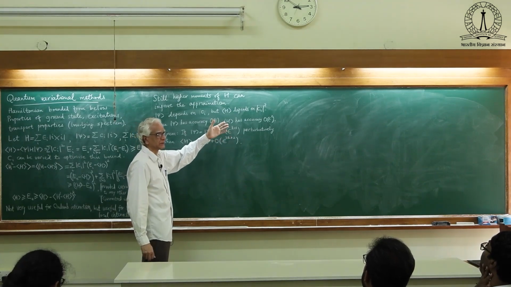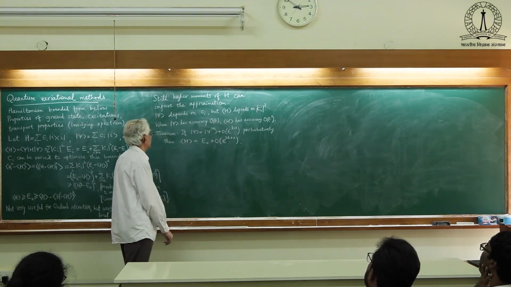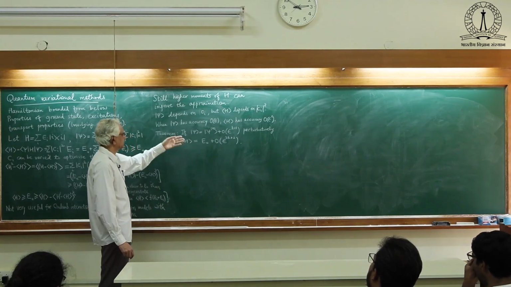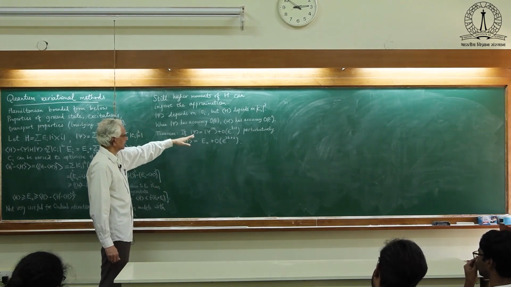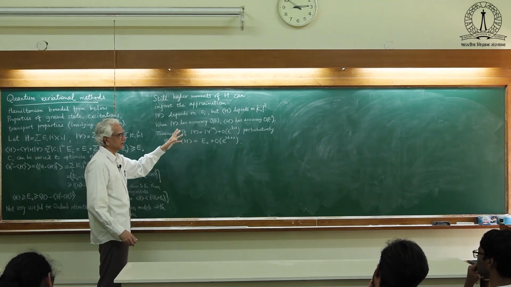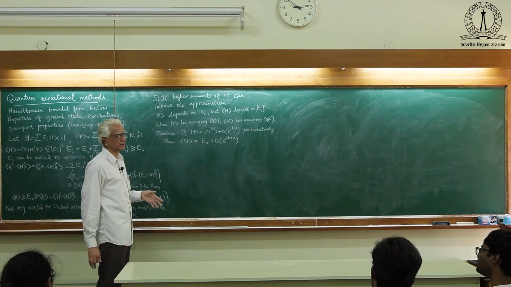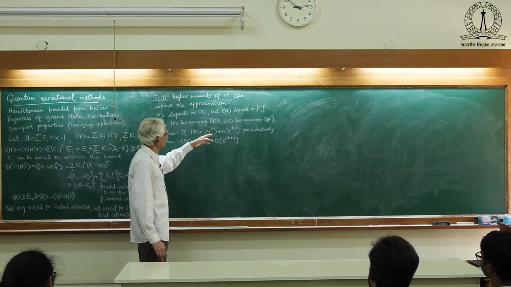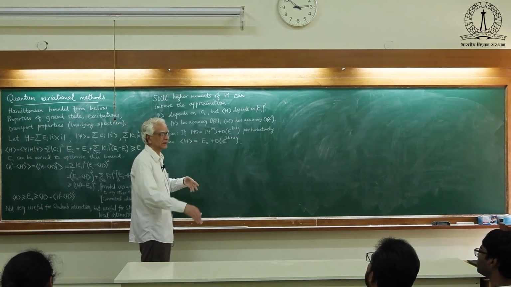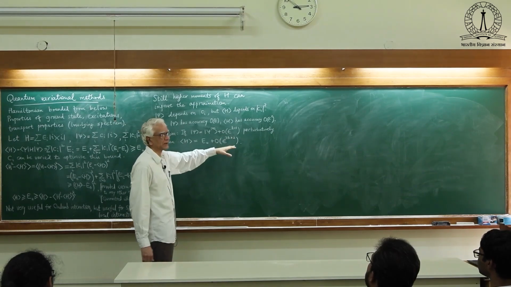If you have some means to calculate it, many times such things are done in perturbation theory where you have a Hamiltonian plus some perturbation and you expand in the powers of perturbation. The original wave function you can calculate term by term in the perturbation series up to some order.